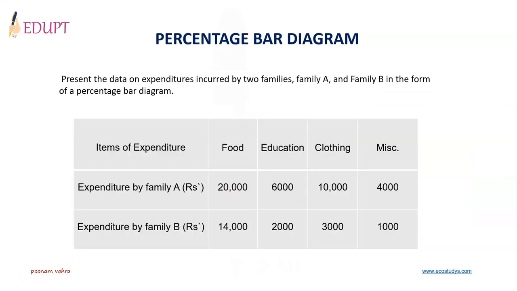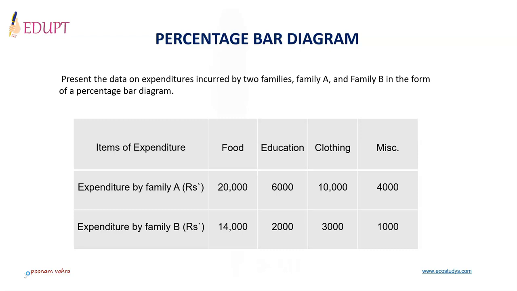Now let's understand the percentage bar diagram. It is presented graphically on percentage basis. These diagrams represent different components of the values of a set of data, just like subdivided bar diagram, but in percentage. Absolute magnitude of various components are changed into relative values by converting them into percentages.